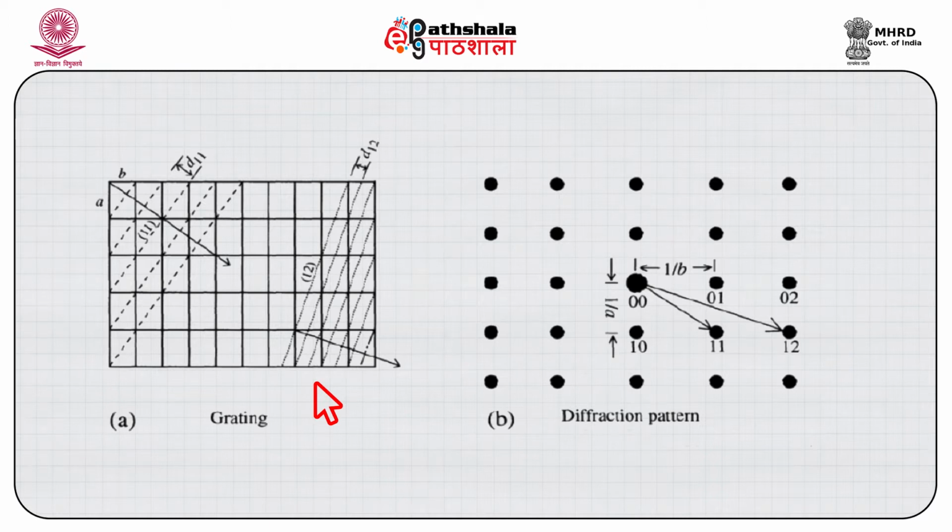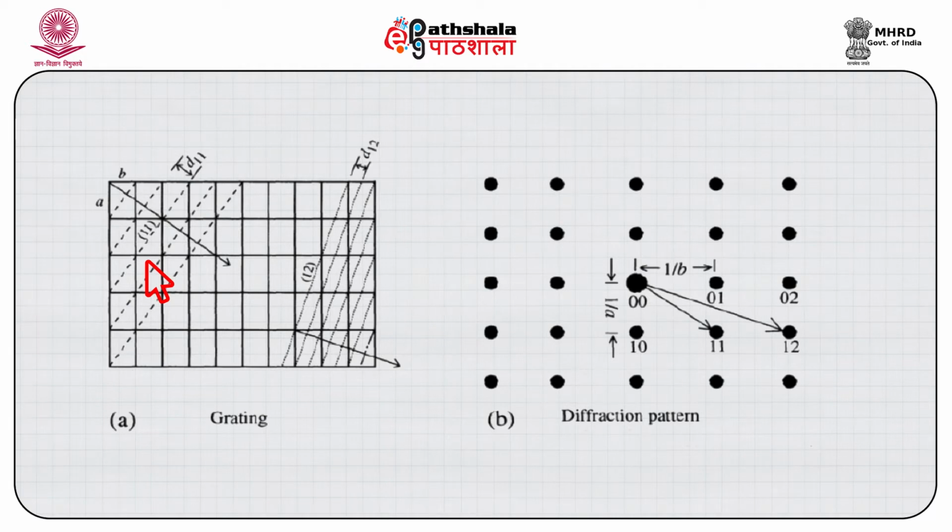In the first diagram, we see the real object, and in the second diagram we see the diffraction pattern, that is, A represents the grating and B represents the diffraction pattern. Following the normal and reciprocal relationship, the distance between the succeeding planes which cut the A and B axes at unit distance is marked as D11.